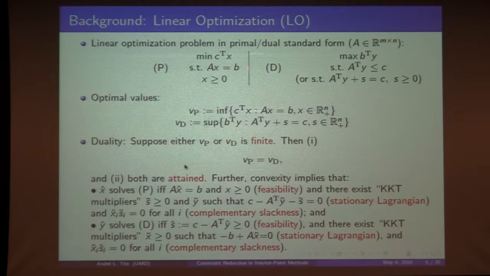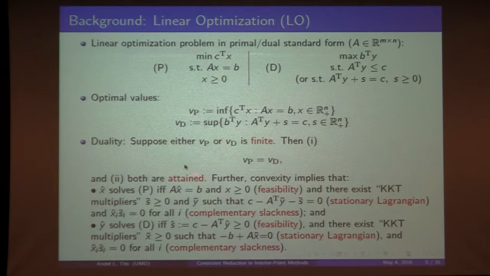So among all the points satisfying the constraints, by the way, this set can be thought of as a polyhedron, of all the feasible points x, the least cost is called the primal optimal value, because this is the so-called primal problem. And then the dual optimal value, it's a maximization, so the supremum of the objective function subject to the constraint being satisfied. Okay.